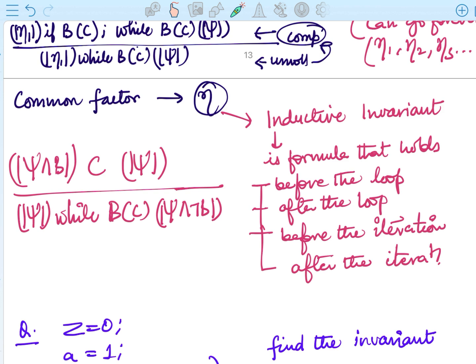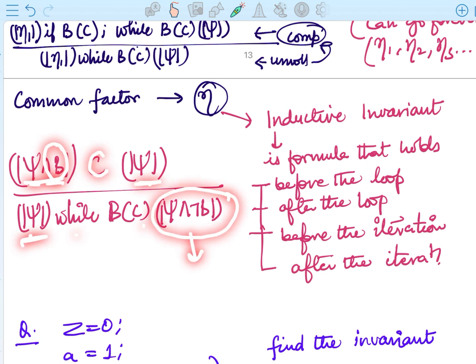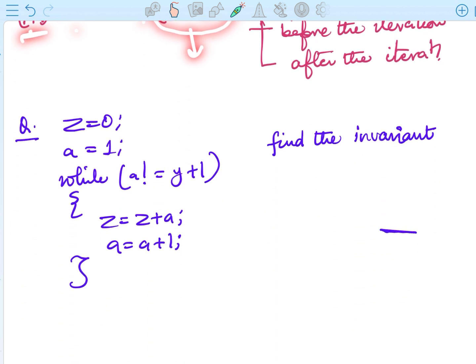Here we will use the grammar as psi and b, which is branch true. If this is true, then a command runs and we reach psi. And here we say we have psi while b, c, psi and not b. That is, the loop will only stop if you can come out of the loop by negating or making the branch false, right? So this is how we do it.